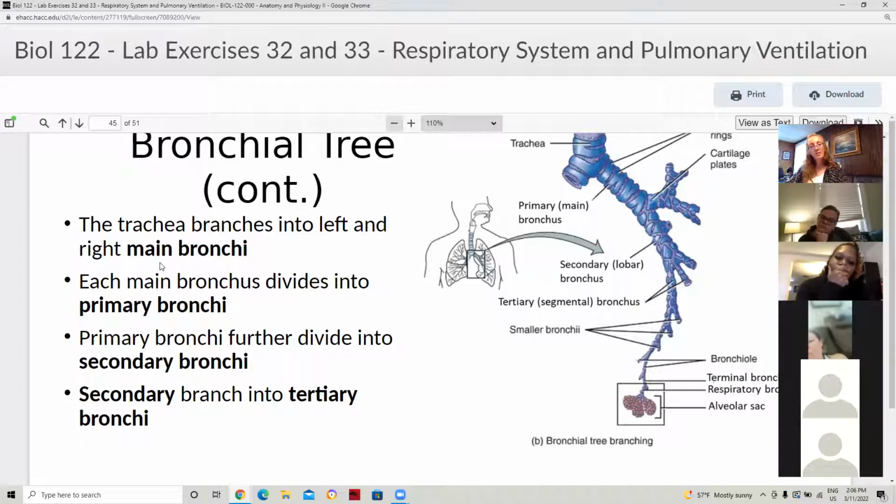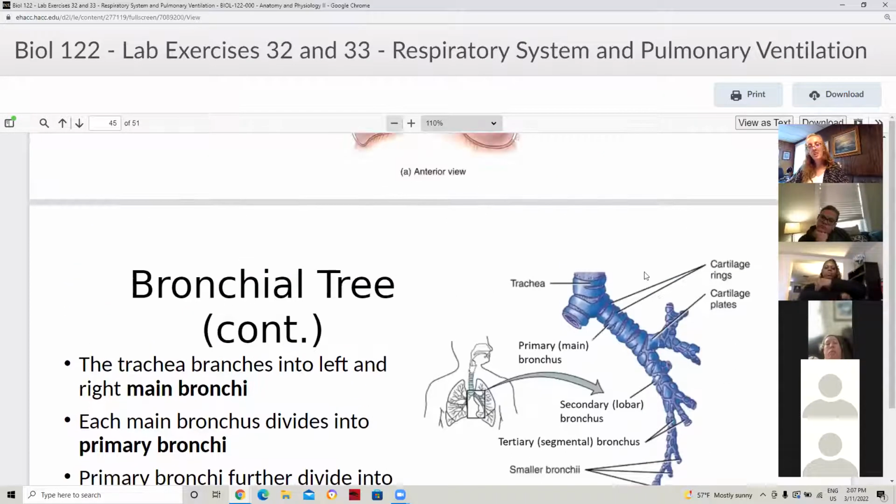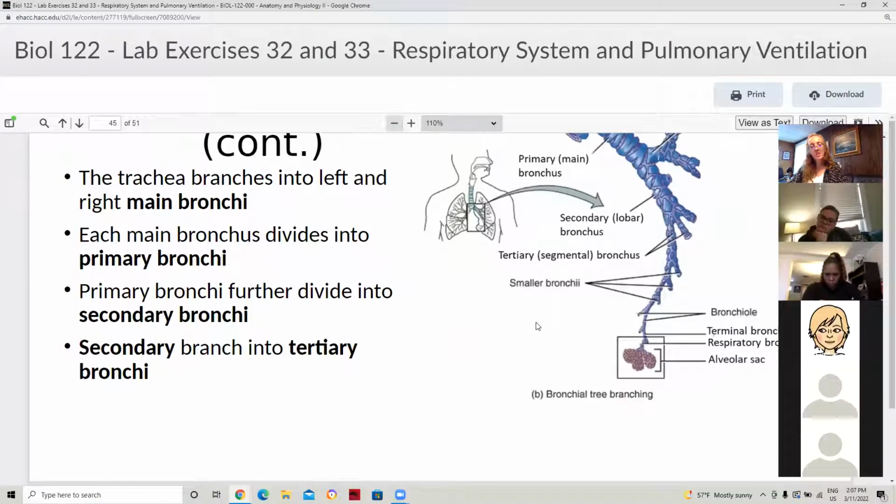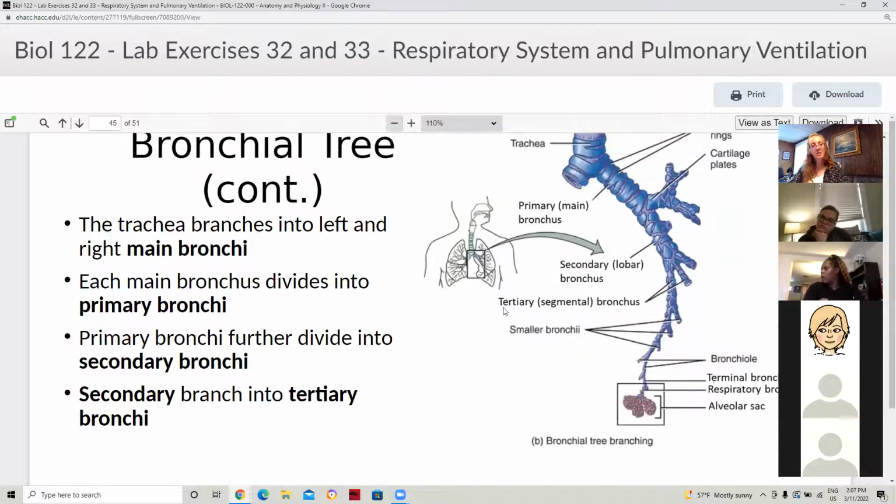Each secondary divides off into the tertiary. The tertiary are going to divide off into the bronchioles. I'll fix that. Follow this pattern. Can't believe I've never seen that. It looks really quite strange.